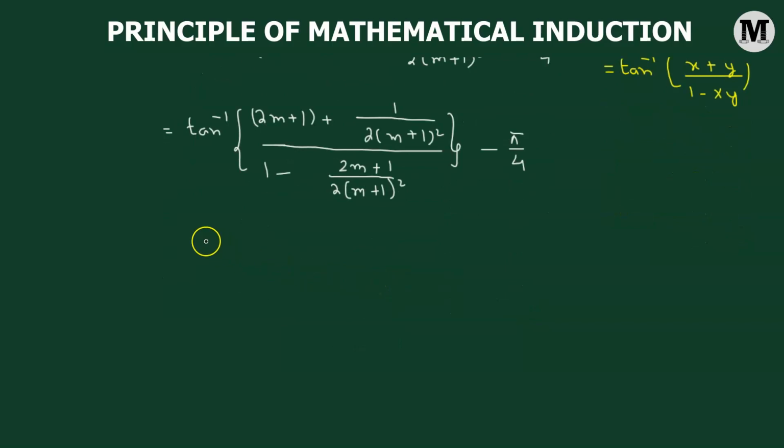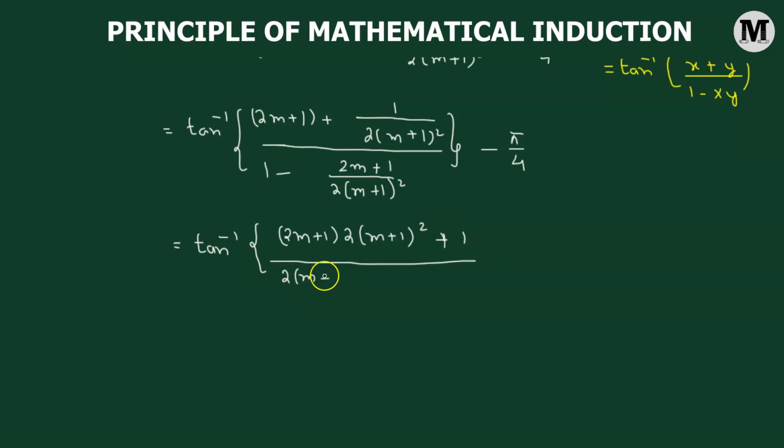Now further simplification is going to give us the inverse tangent of, in the numerator, 2 times (m plus 1) multiplied by 2 times (m plus 1) whole square, added to 1, whole divided by, in the denominator, 2 multiplied by (m plus 1) whole square minus 2 times (m plus 1), this is done, minus pi over 4.